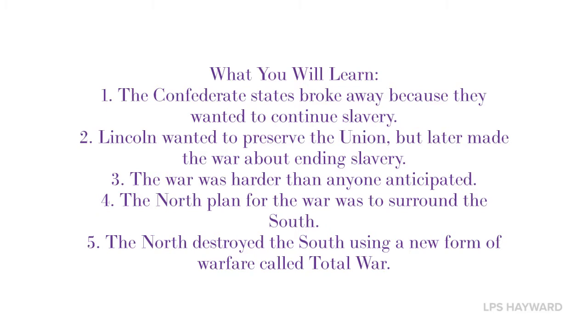The Civil War was harder than anyone anticipated. 4. The North had a plan for the Civil War. It was to surround the South and to force them to surrender. 5. The North destroyed the South using a new form of warfare called total war.